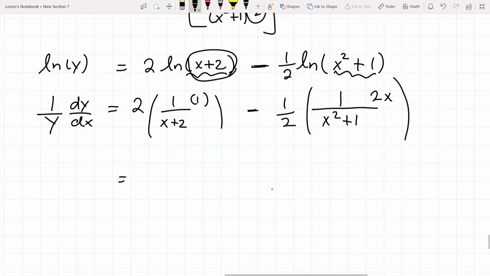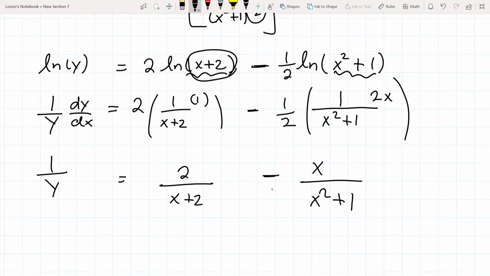So this would be 2 over x plus 2. The 2's cancel, so you're left with negative x over x squared plus 1.